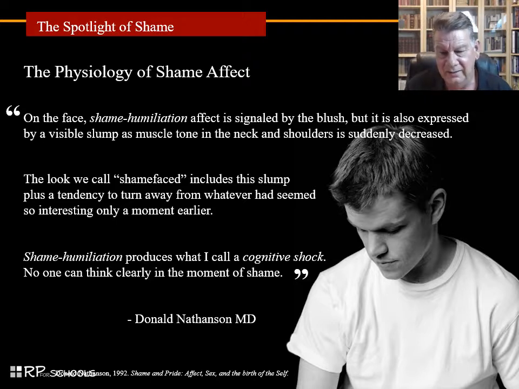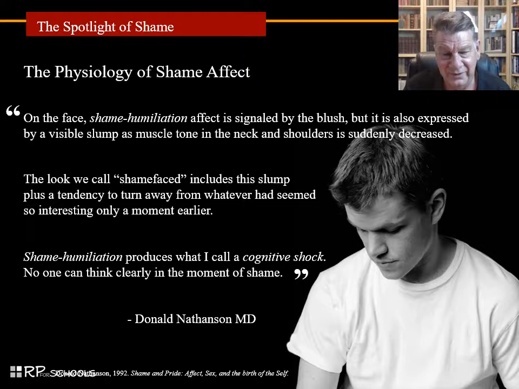Now, if you think about it, when a kid gives an answer in a class and it's wrong, or when you ask a question and he doesn't know the answer, there's going to be shame affect triggered in him. You've all seen it. The head goes down and there's cognitive shock. There's no way he can work out the answer now because the cortex isn't working.